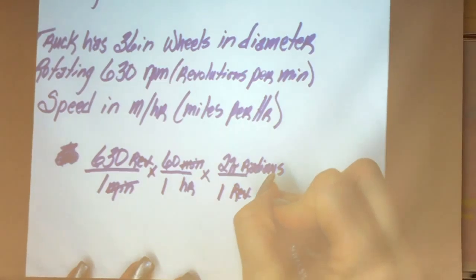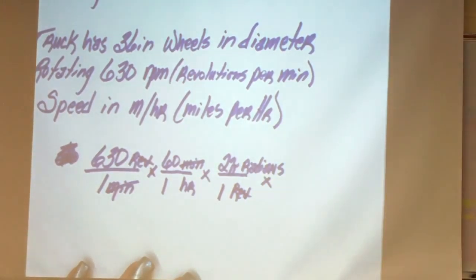Okay, now I'm going to convert my radians to inches. And the way I do that is I'm going to multiply by my radius, because I know that 1 radian would be equivalent of 1 radius.